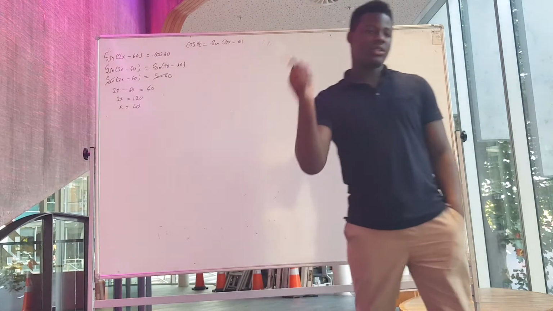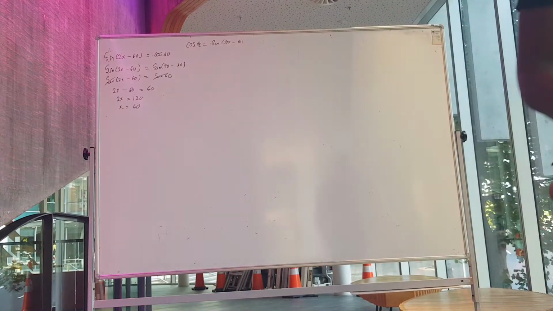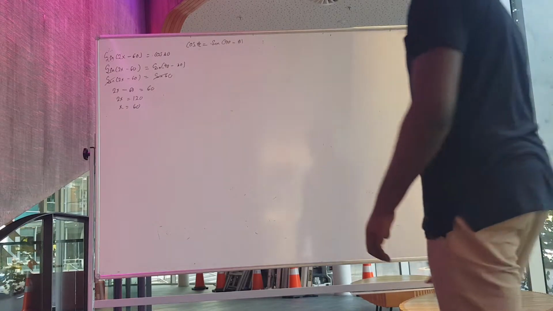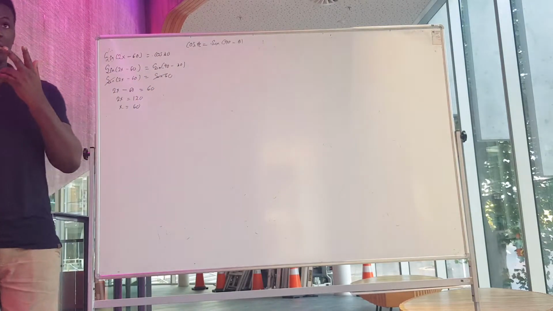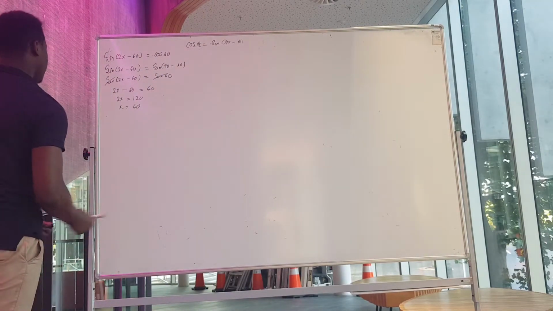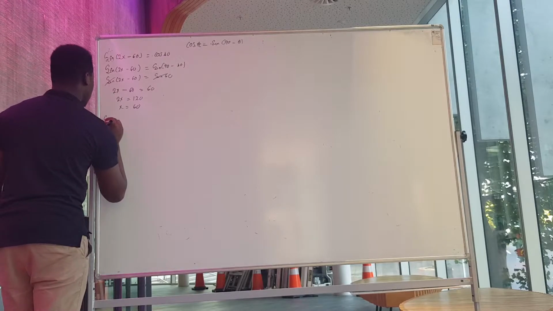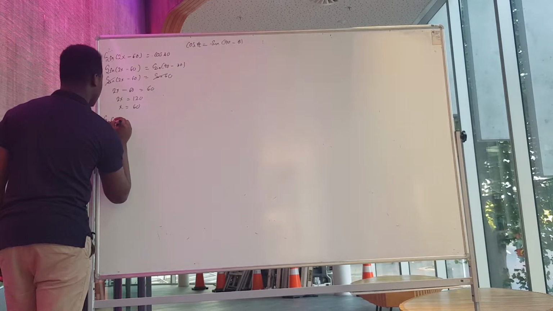Okay, so what's the other question? Well, the other one is sine 2 lambda minus 30 equal to negative half, equal to negative 1 divided by 2. This is a good question, because I think this is what I did in my second video.